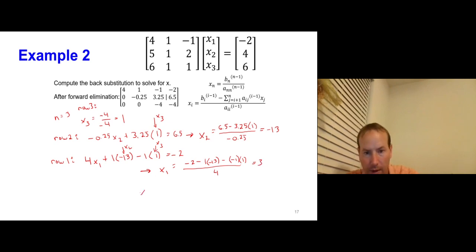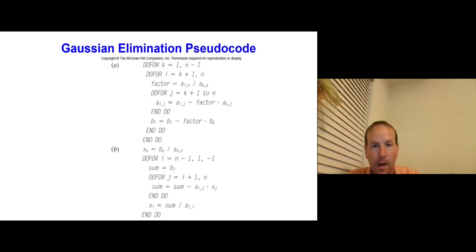So that tells us that our x vector is 3, negative 13, and 1. Okay, so we solved it. So that's how you do back calculations.